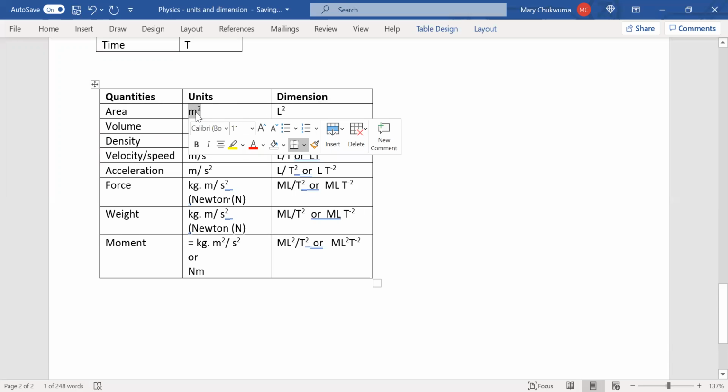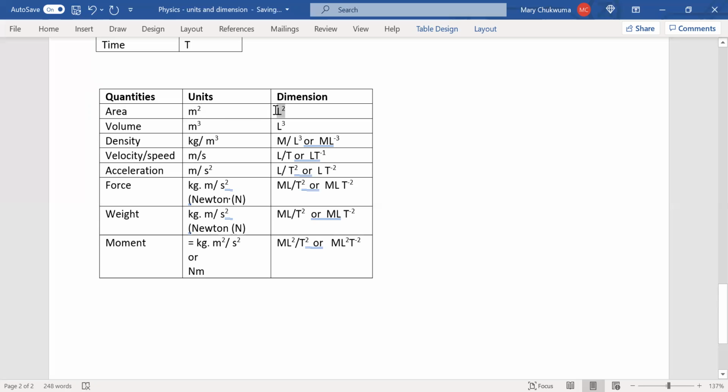So you know that meter squared is just length times another length, whether the length is length times width or distance times another form of distance. It doesn't matter what it is described as. Once it's area, you are multiplying two lengths. So that's why you have the dimension as length squared.